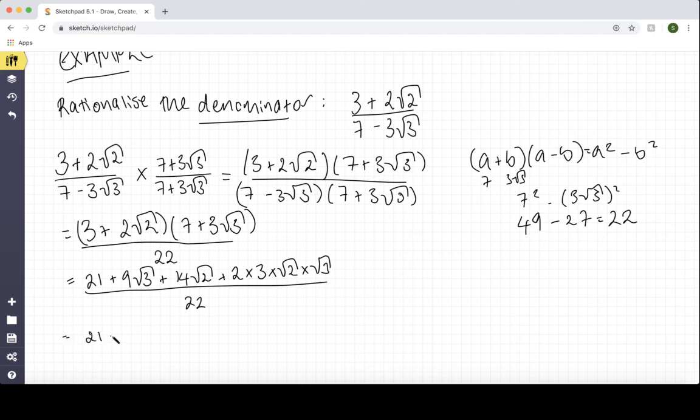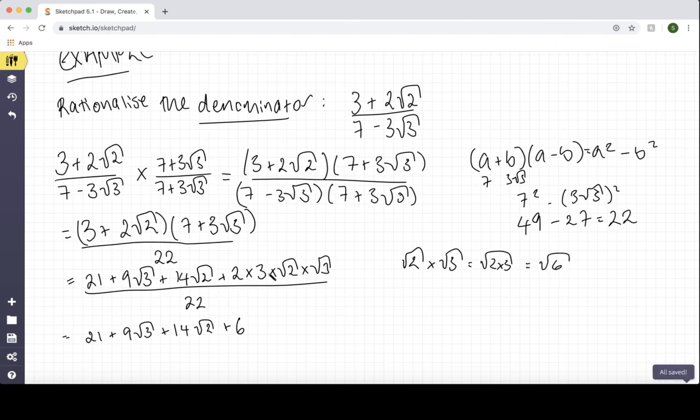This is going to be 21 plus 9 root 3 plus 14 root 2 plus, 2 times 3 is 6, and then the square root of 2 times the square root of 3 is going to be the square root of 2 times 3, because as we know we can split them up and it stays the same if it's times. Let's just write that out. The square root of 2 times the square root of 3 is equal to the square root of 2 times 3, and 2 times 3 is 6, so it's the square root of 6.